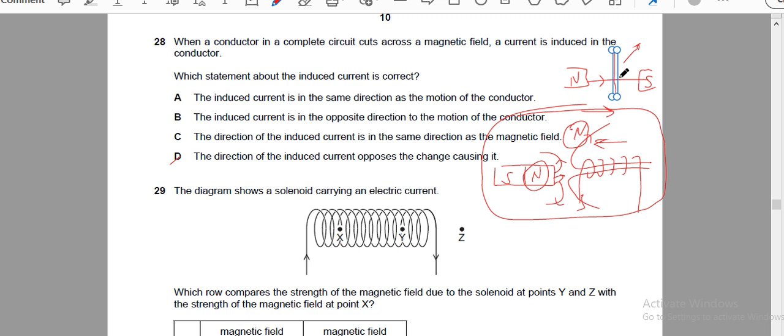It must be in a perpendicular direction. So it's not A. Induced current opposite to motion of conductor is also not correct because it's not in the same or the opposite direction. It is perpendicular. Direction of induced current in the same direction as the magnetic field is also not correct. It must be perpendicular in all of these options.